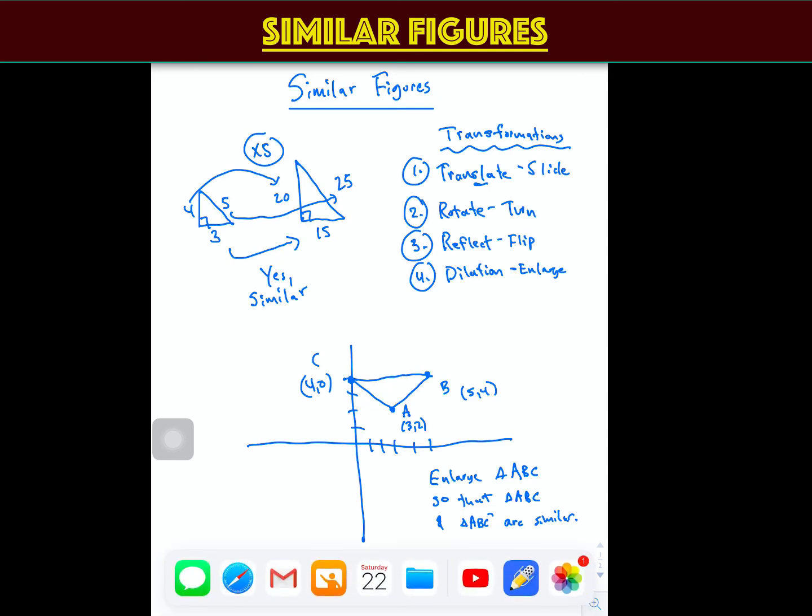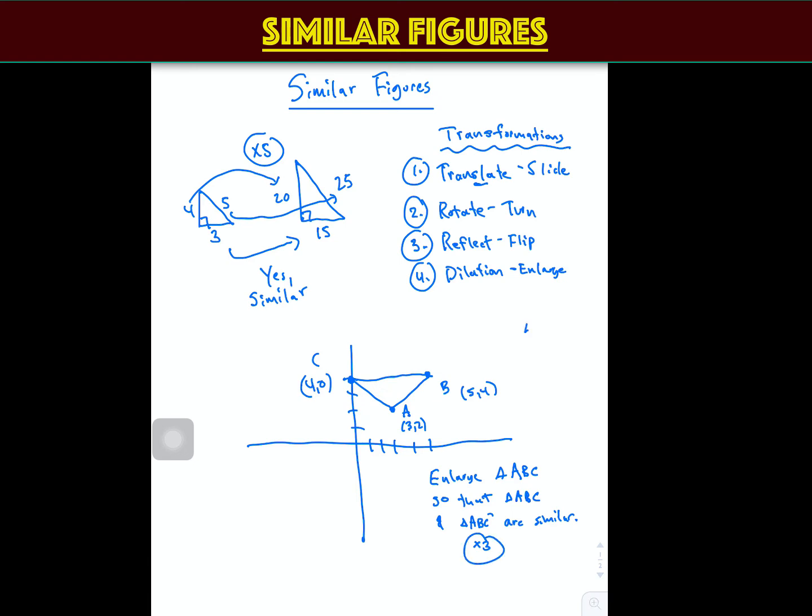I'm going to choose a dilation or a scale factor of 3. So we're going to enlarge each by 3. Just like I've always encouraged with all of these transformations, I would pay less attention to the image itself and more attention to just the math or the points, and then go back and look at the figures.